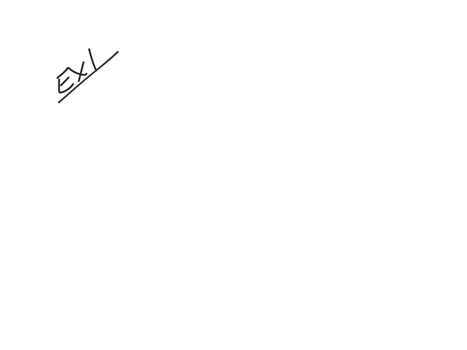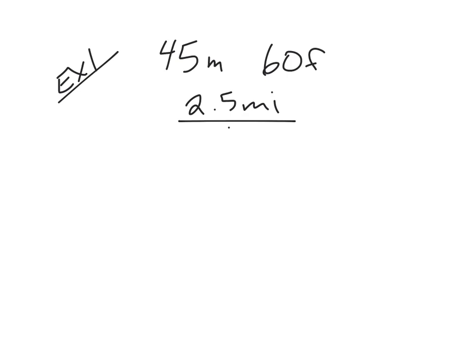There are 45 males, and when I'm doing a word problem, as soon as I hear something, I write it down. So 45 males and 60 females in a subway car. The subway car travels 2.5 miles in 5 minutes. For A, it said find the ratio of males to females.